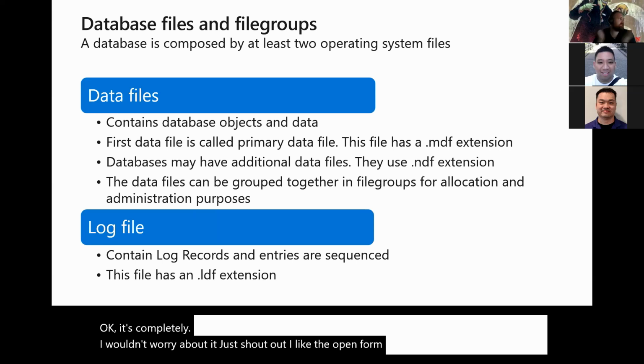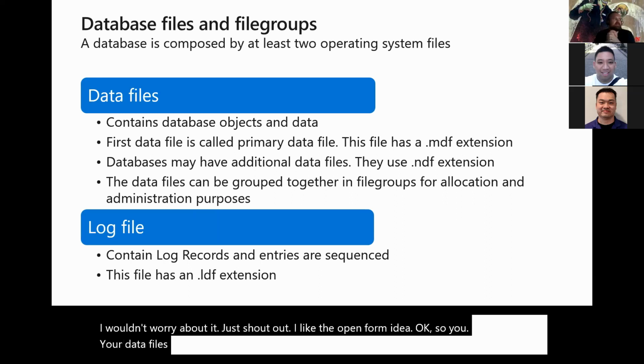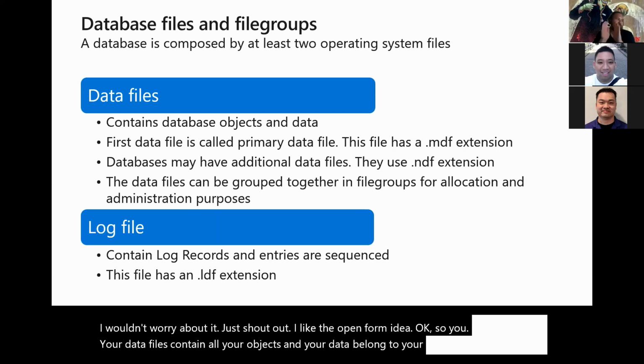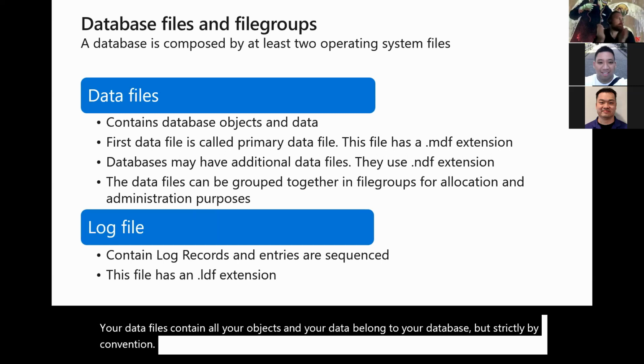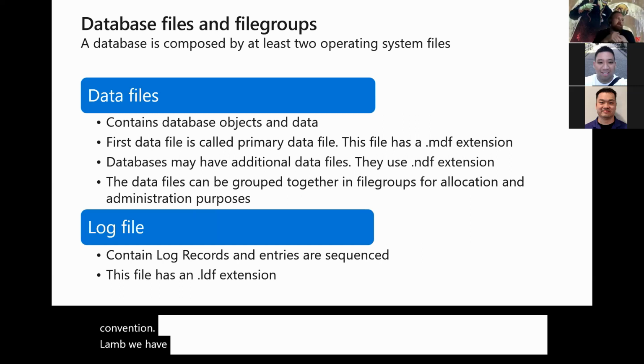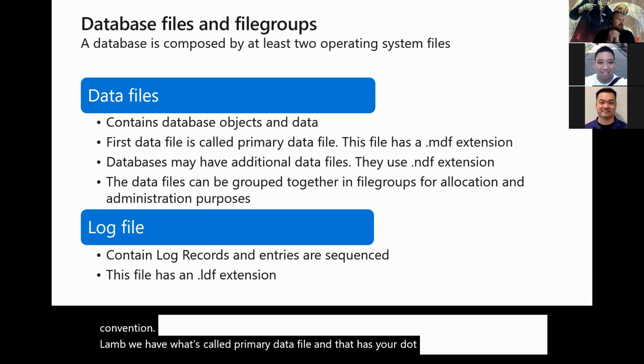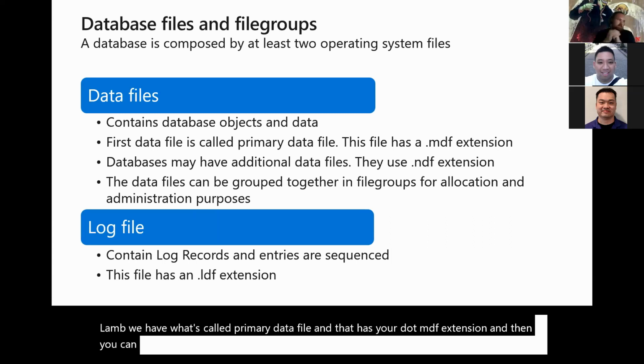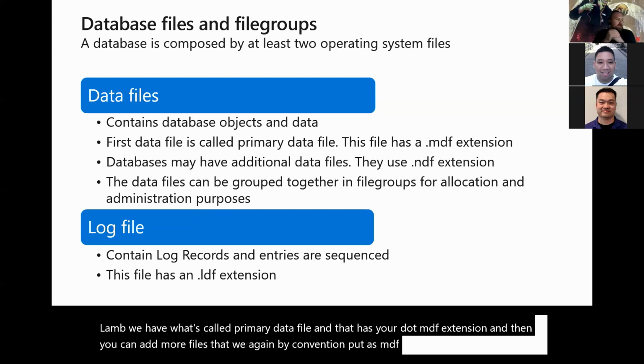Your data files contain all your objects and your data belonging to your database, but strictly by convention, we have what's called a primary data file, and that has your .mdf extension. And then you can add more files that we, again by convention, give .ndf extensions.